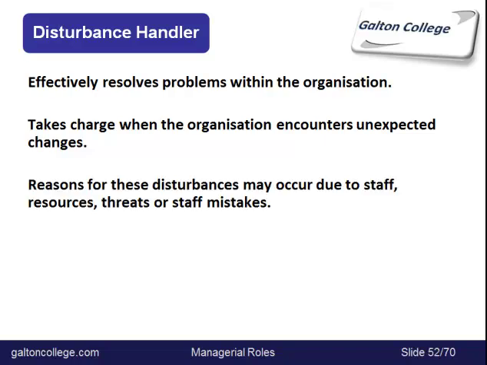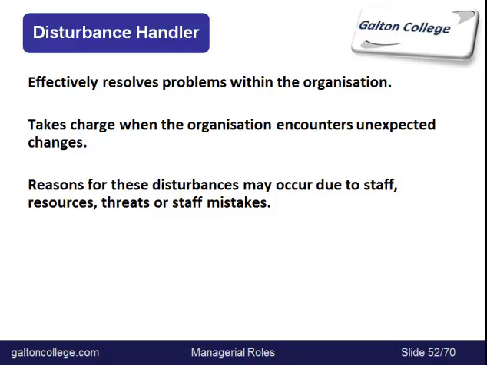The reasons for these disturbances may occur due to staff, resources, threats, or staff mistakes. Sometimes in organizations, there's nothing malicious about the disturbance, it's just that mistakes have been made which upset the workflow. It upsets the balance of the organization.